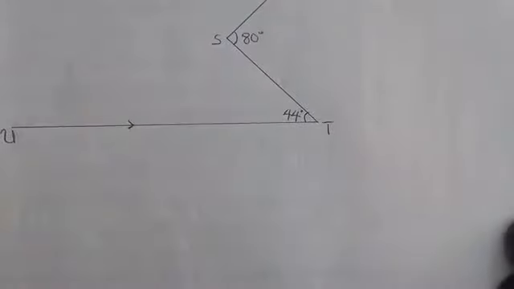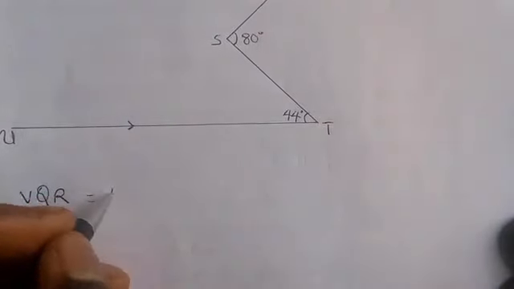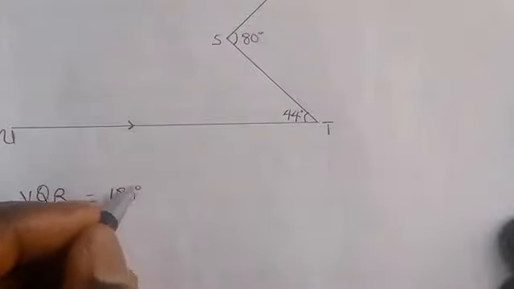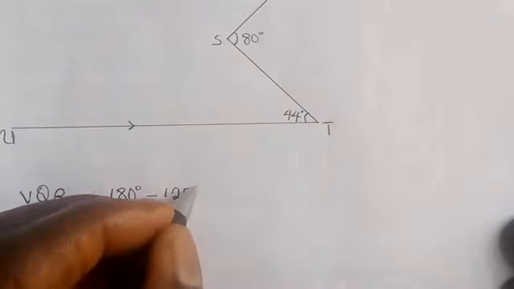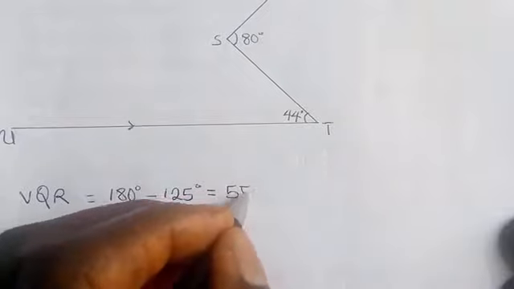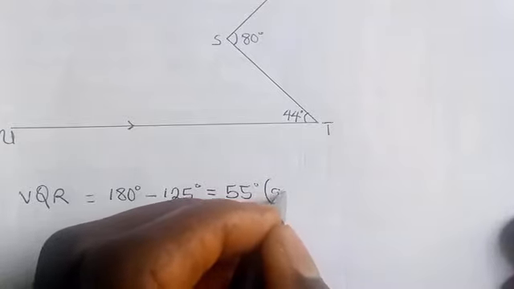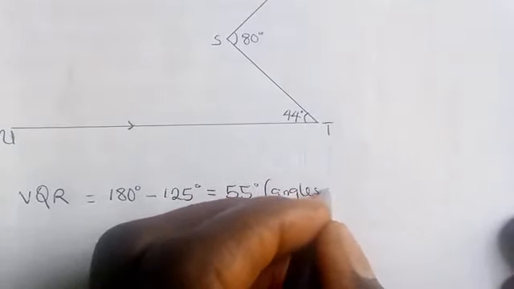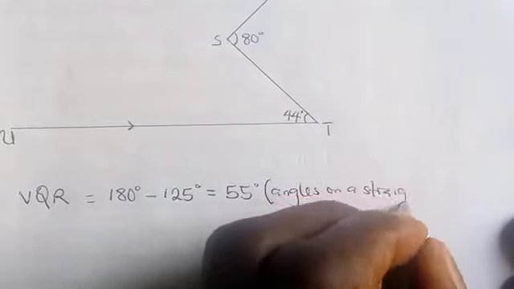So, VQR will be equal to 180 degrees minus 125 degrees, giving us 55 degrees. And the reason is that they are angles on a straight line.